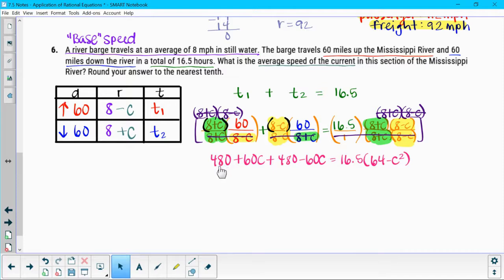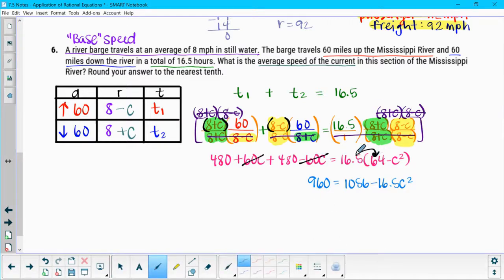So I end up with 480 plus 60C plus 480 minus 60C is equal to 16.5 times 64 minus C squared, because this is a difference of squares. So I'm going to simplify this a little bit more. My 60C's are going to cancel out, leaving me with 960 is equal to, I went ahead and distributed my 16.5.